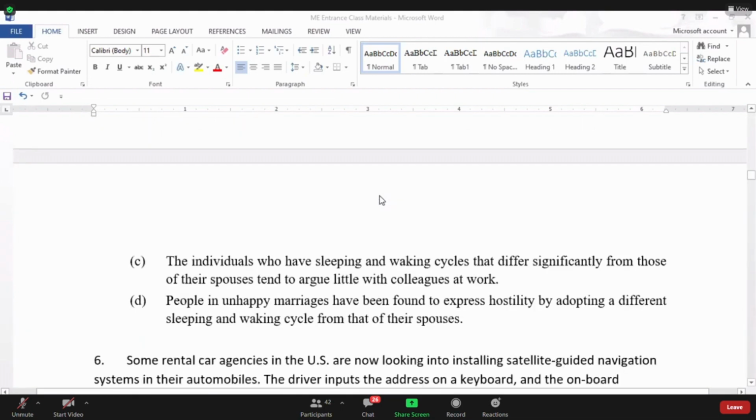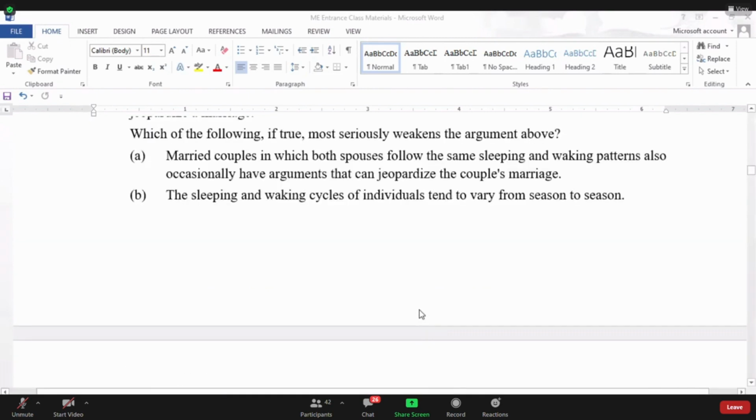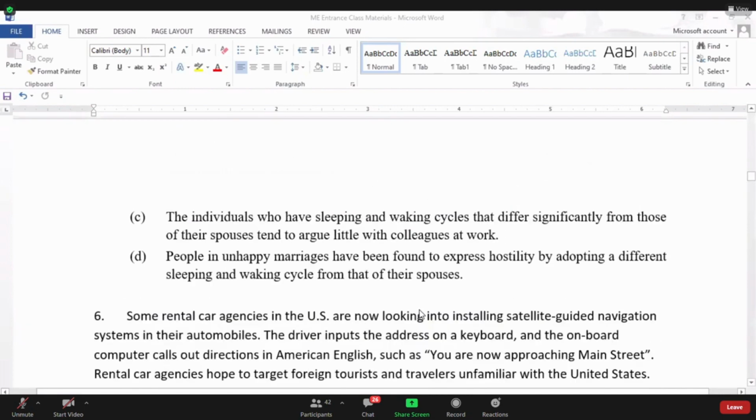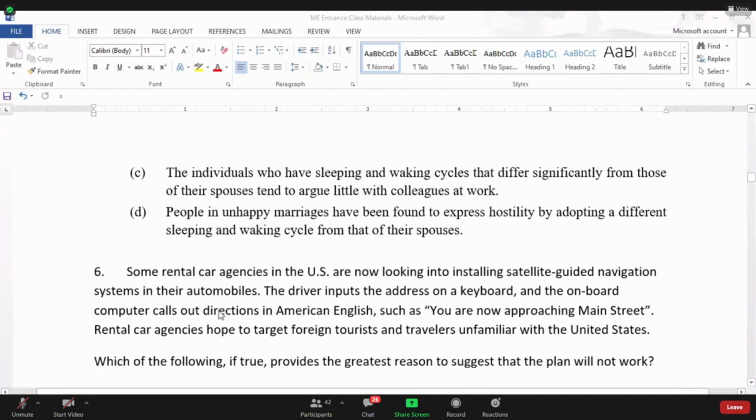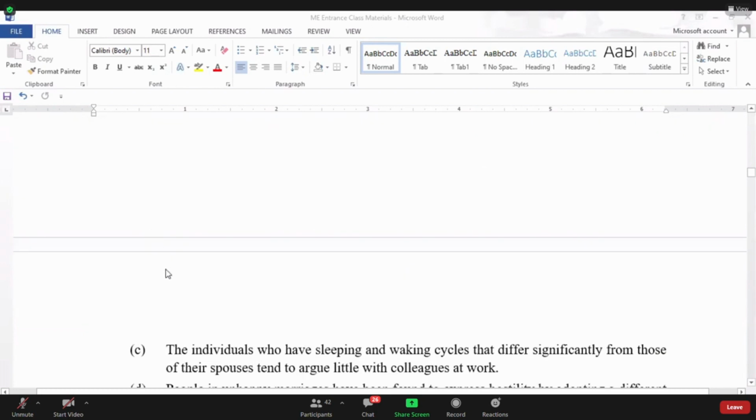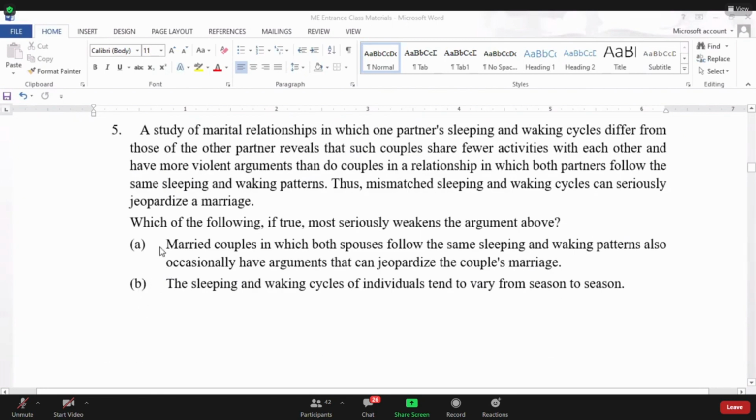People in unhappy marriages have been found to express hostility by adopting a different sleeping and waking cycle from that of their spouses. Option A, sir. So option D came, B also, A also.